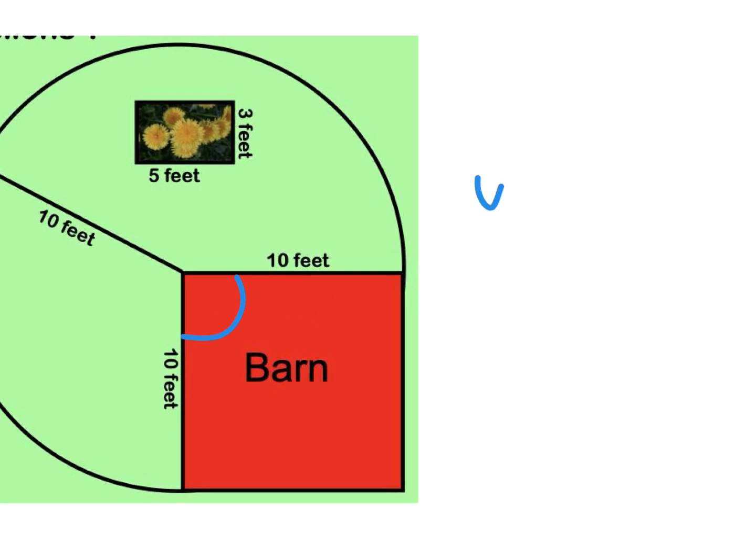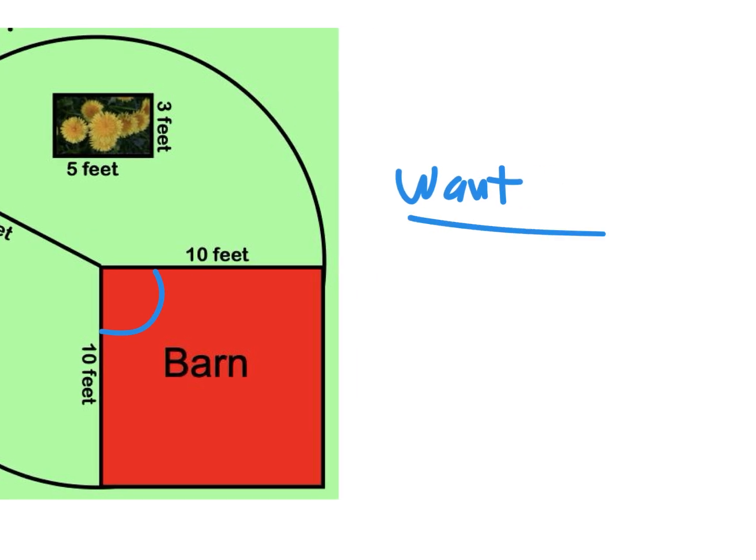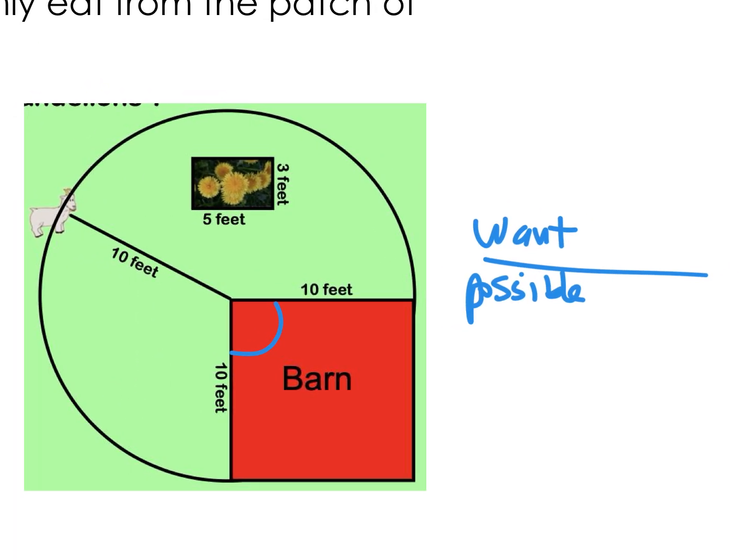What you want is super easy: the dandelion part. What's possible is way harder. But figure out the area that you want over the area that's possible. Take a second. Try it. This is a typical test question.